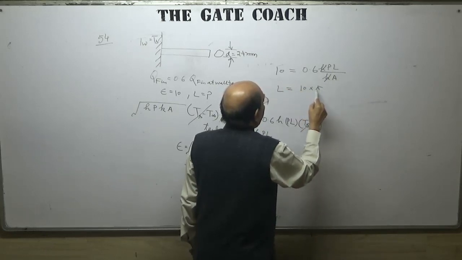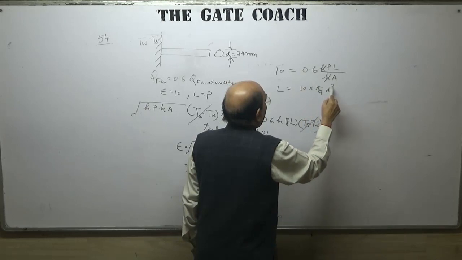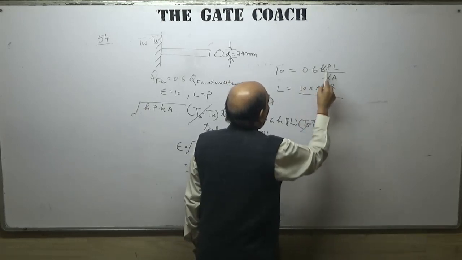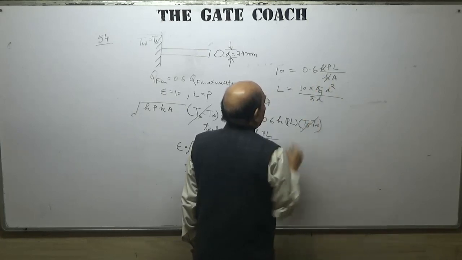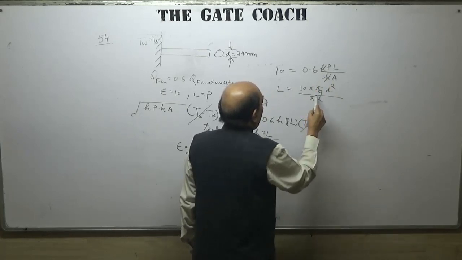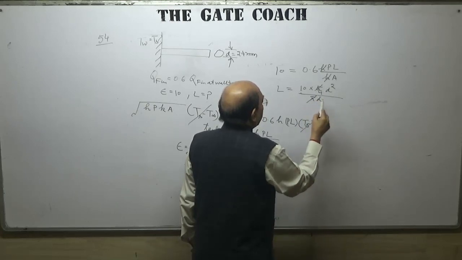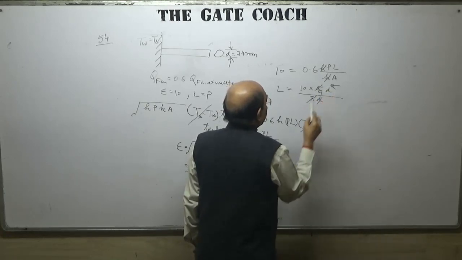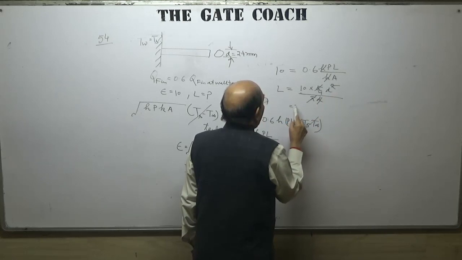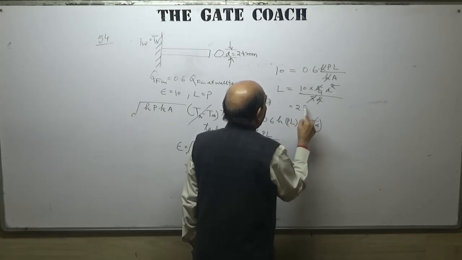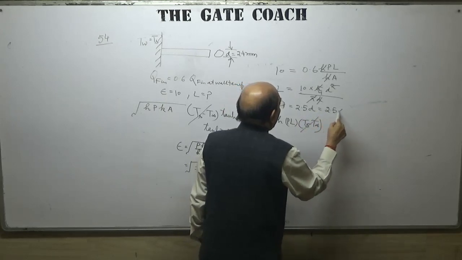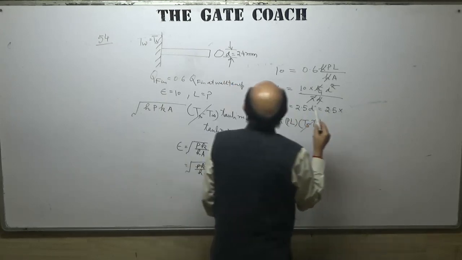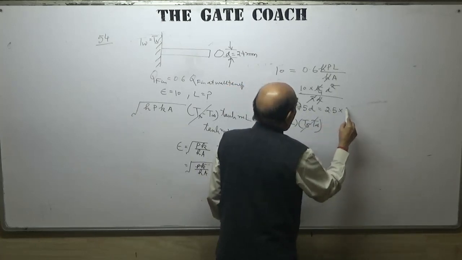A is pi by 4 d square upon P. P is pi into d. So pi gets cancelled, d gets cancelled, and it becomes 2.5 into d. 2.5 and diameter was 24 millimeter.